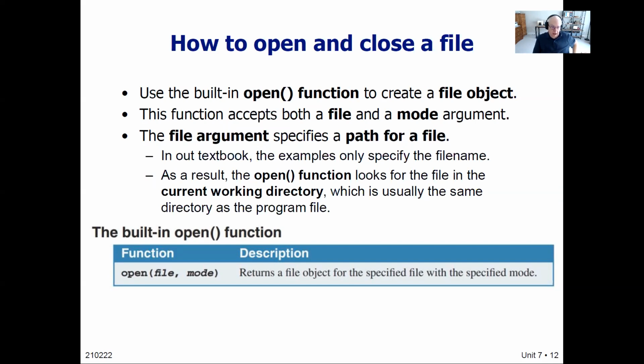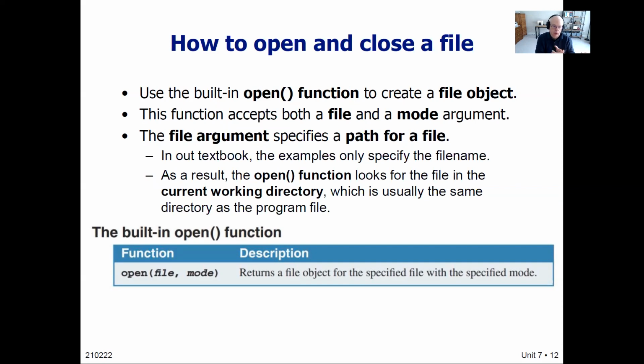You will see with statements running the open function to open the file and create a file object in memory. That's the whole point. We want to open the file, we'll create a file object in memory, and then we can do stuff with it, okay? So it accepts both a file and a mode argument.